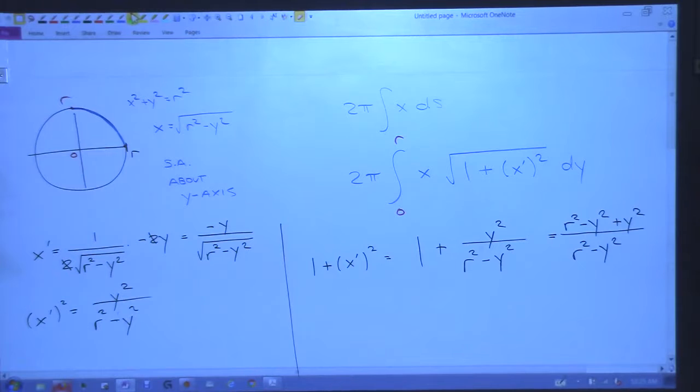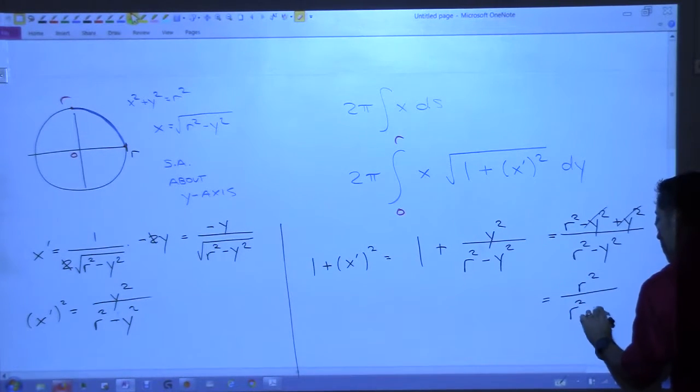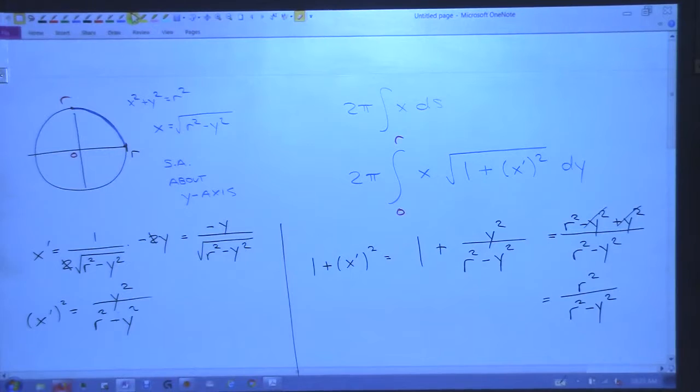Those y squareds are going to cancel. And all I'm left with is r squared over that, my goodness, I can see where this is going. That's what's going under the root, and I'm real happy about that. I'm not quite sure I'm happy about the root of that, but I am actually happy about the root of that because, yeah, do you see it?